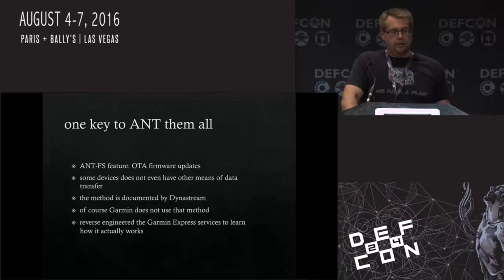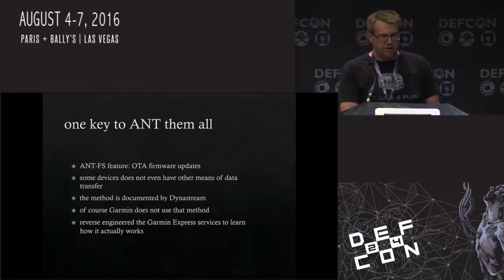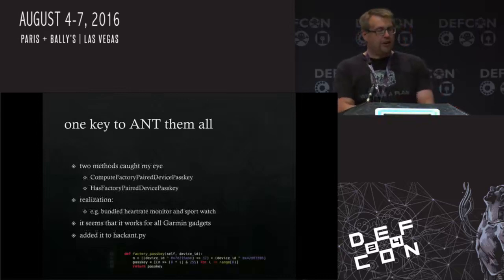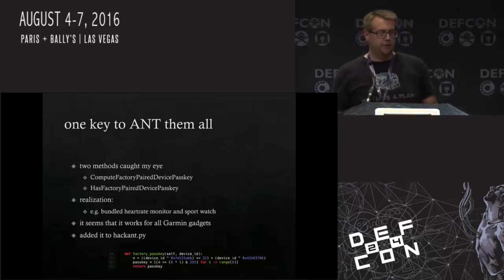So I started to reverse engineer the Garmin Express services to learn how it actually works. But I got distracted by these two methods. The first being compute factory paired device passkey, and the other being has factory paired device passkey.